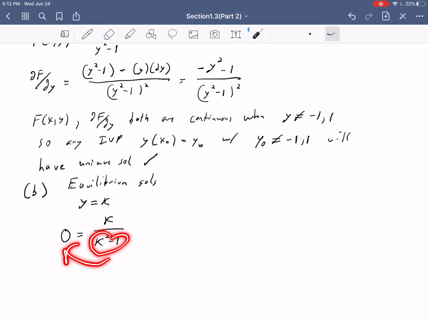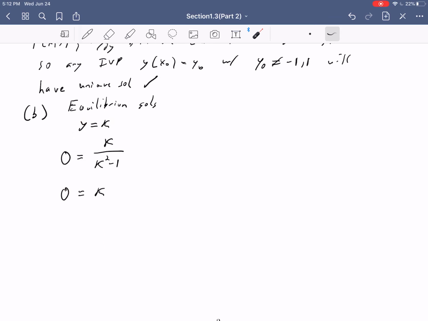Bring this over onto this side, and we get 0 equals k. Well, that is what we're looking for. We're looking for y equals k, so we need to know values of k that would work, and we have one. So we have one equilibrium solution, which is y equals 0. There is one equilibrium solution right at y equals 0, right at the x-axis.